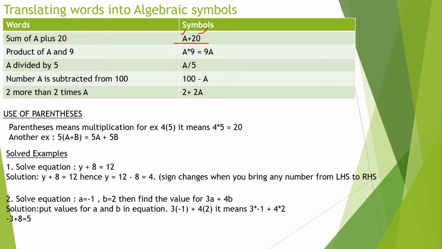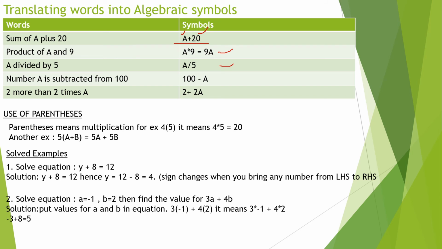Product of A and 9. Product means multiplication, so A into 9 is equal to 9A. This is our constant, this is our variable. We do not have any sign between them, so by default the sign is multiplication. A divided by 5, a simple equation, A upon 5.